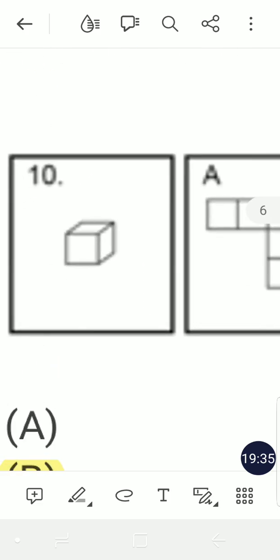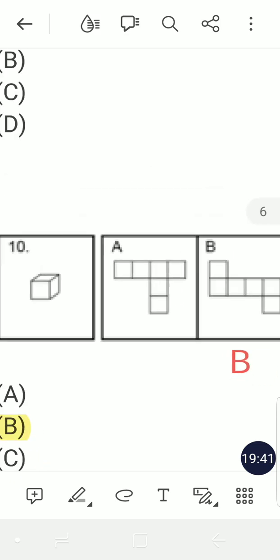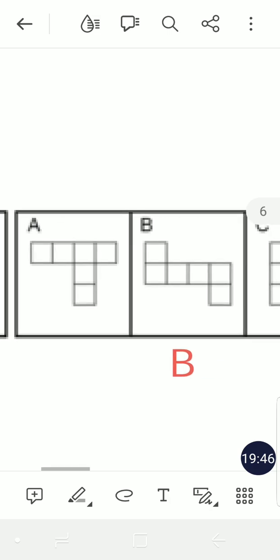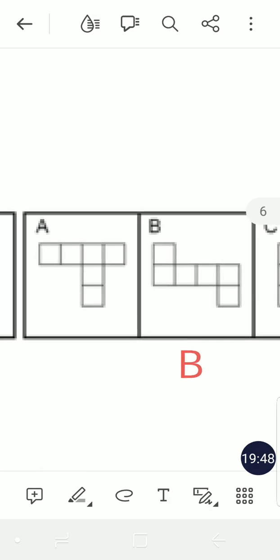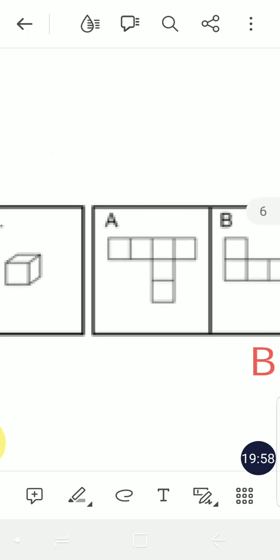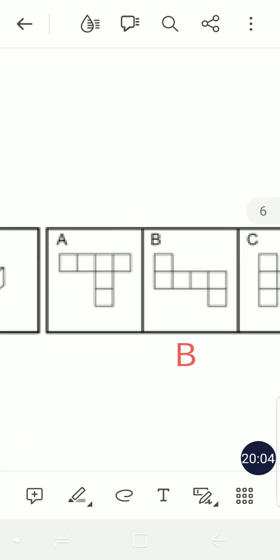So this is a cube, just plain white on all sides. So A will not work, because the box will just not close. If you count the number of faces, it's 6, but then if you fold them all together, you will be left with an open side.